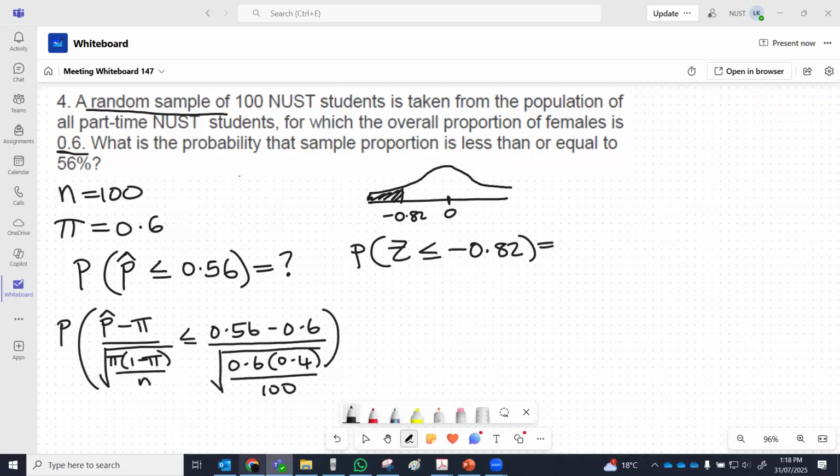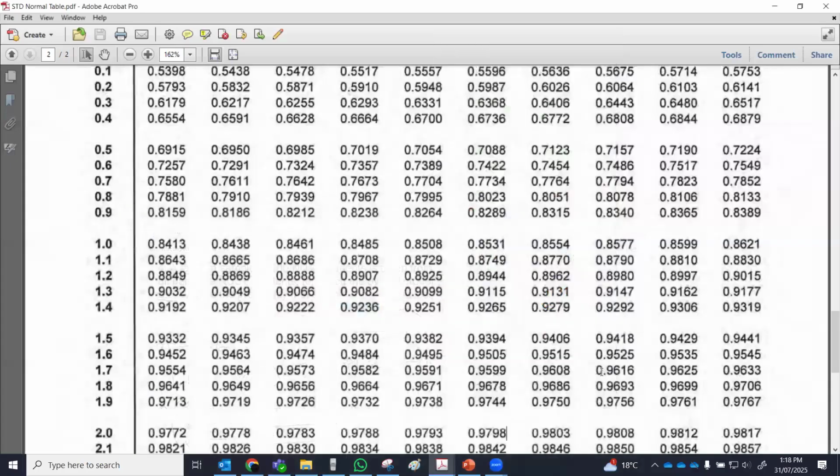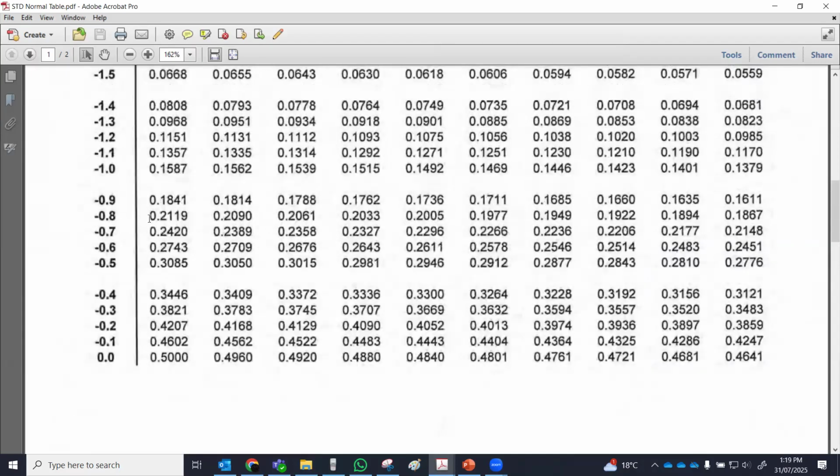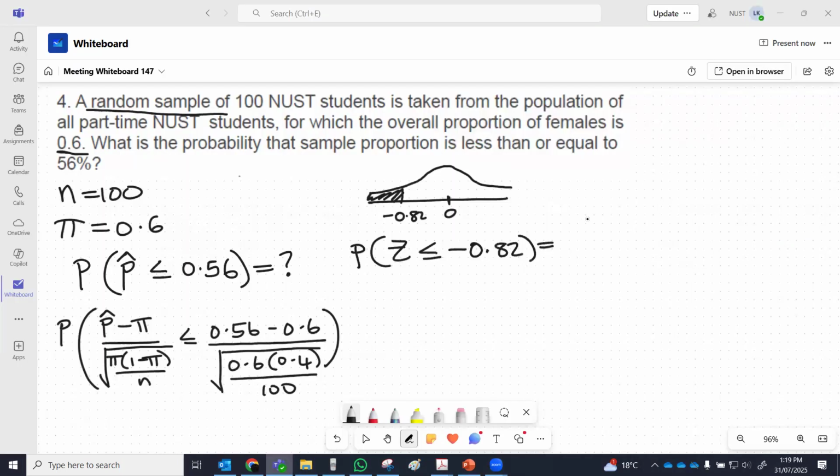So we go to our normal table and we look for negative 0.82. So negative 0.8012, this is the value. This is 0.2061.